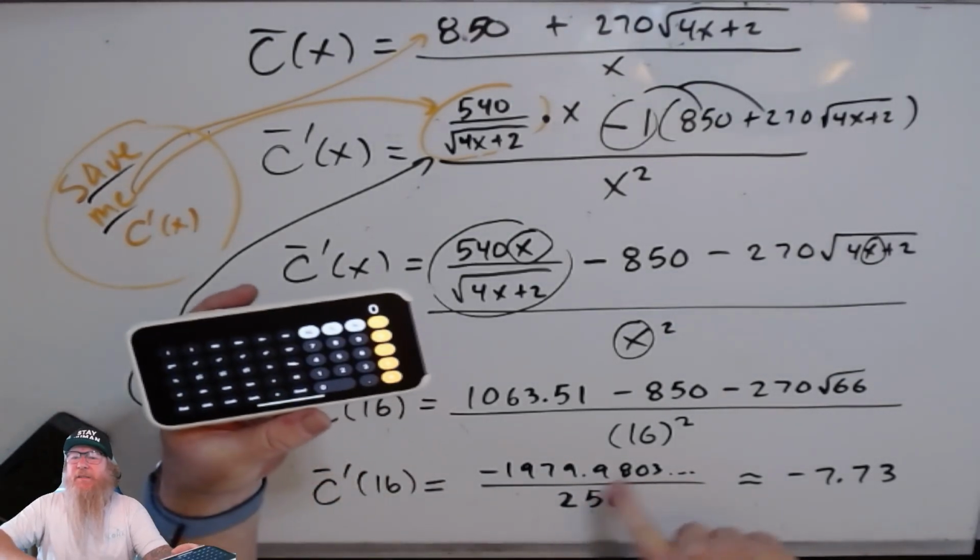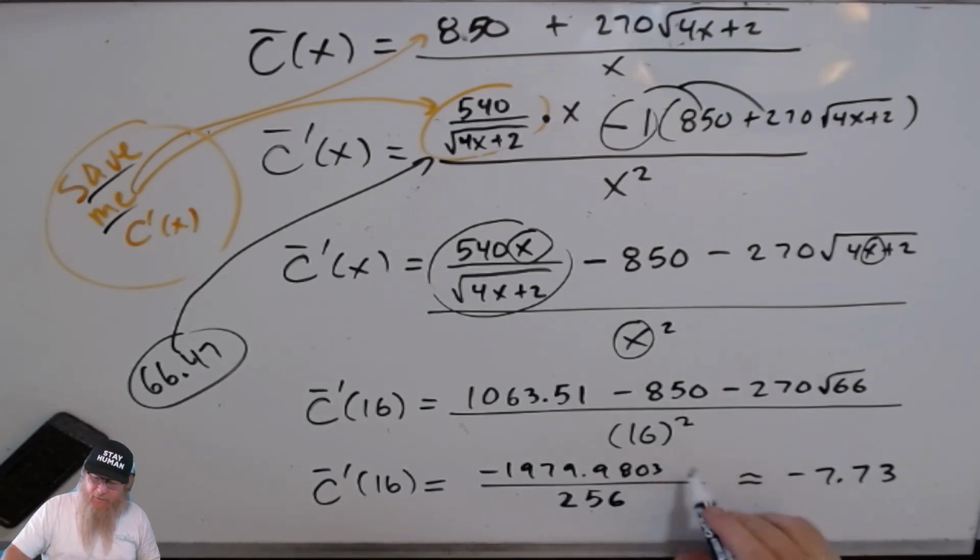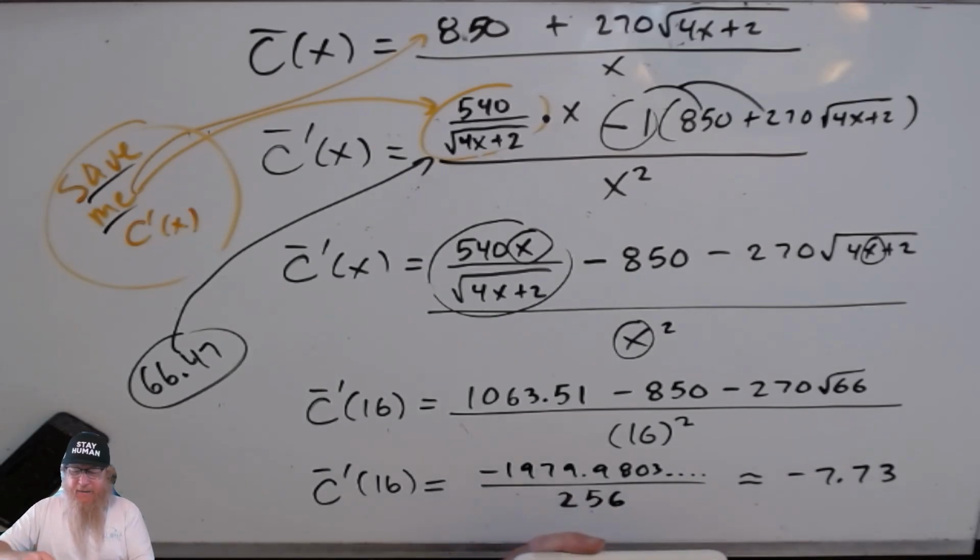I'm going to do a safety check right here. So I wrote everything down. I've got 1979.9803, dot, dot, dot. I don't need the rest of those decimals. Divided by 256. And it's negative.